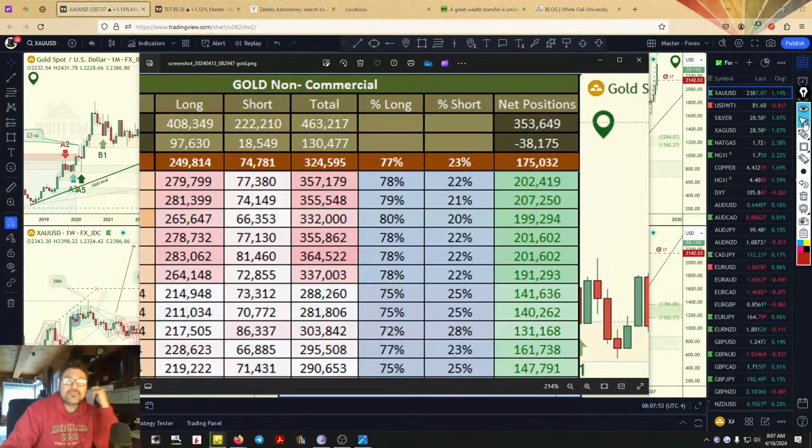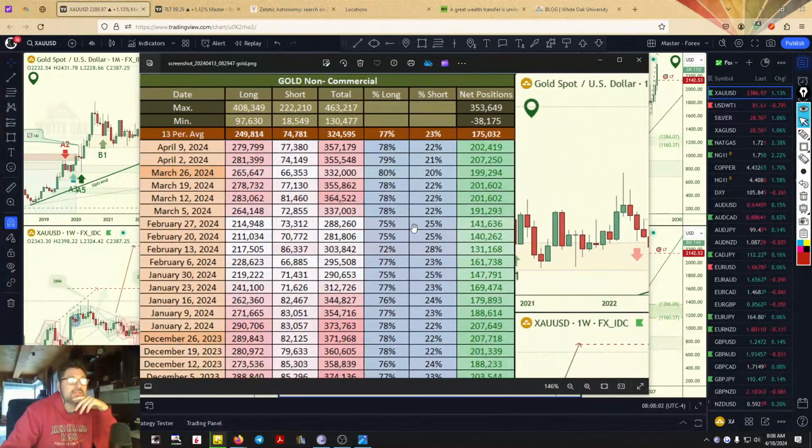Okay? A lot of analysis, applying logic, things that we weren't taught in school. When I applied logic to the chart, to the spreadsheet, when I created it, I thought to myself, well, just because they're adding more longs and shorts, it doesn't necessarily mean that they're bullish.